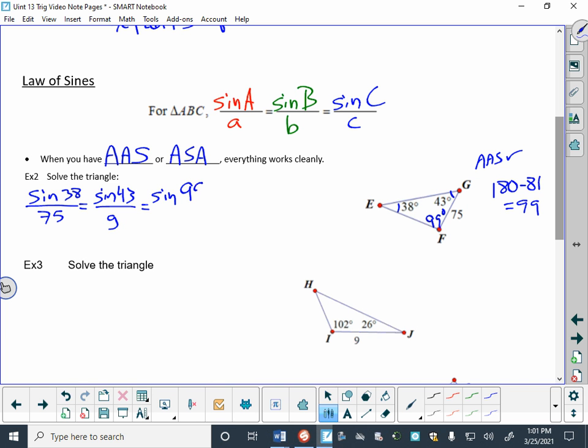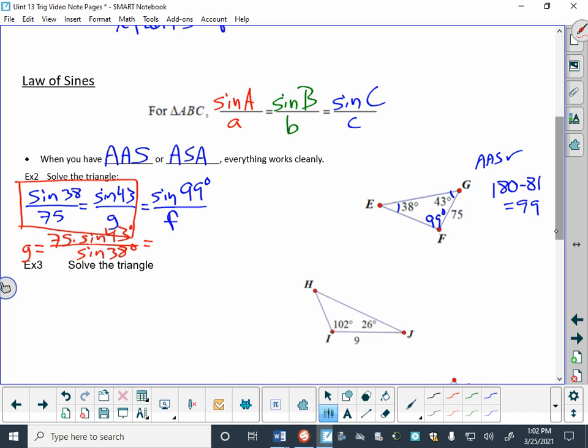So I can say this is the same thing as the sine of 99 degrees over the length of side F. If I grab one of these, this one right here, that's a proportion. I can cross multiply and solve and figure out that G is going to be 75 times the sine of 43 divided by the sine of 38.